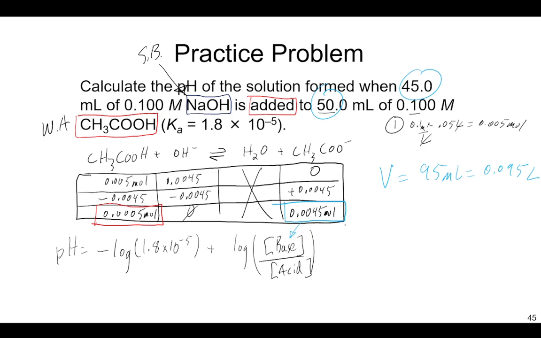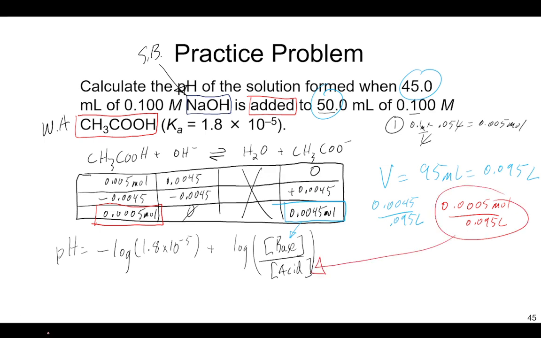But because the liters are going to be the same, 0.0045 divided by 0.095 for my base concentration, and 0.0005 moles divided by 0.095 liters for my acid concentration. So this will go down here, and this will go in here. The 0.095s will actually end up canceling out.